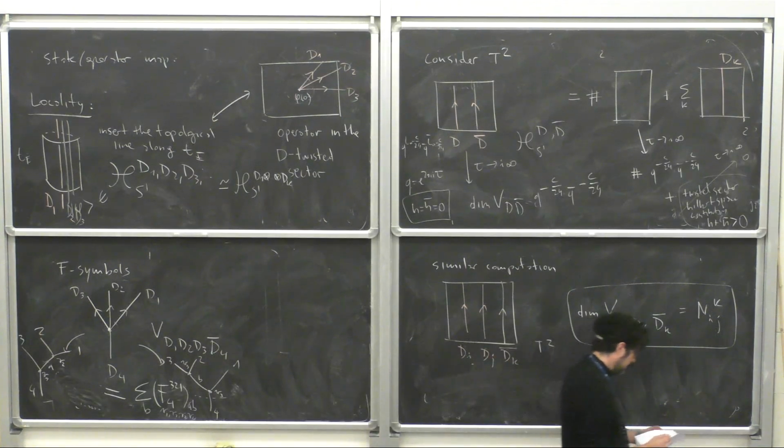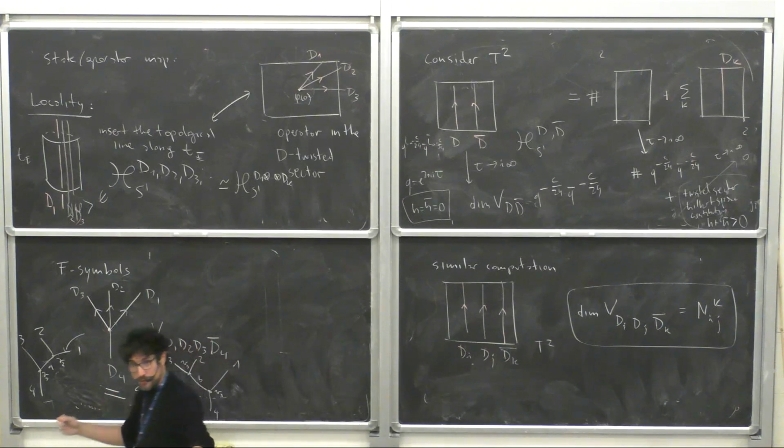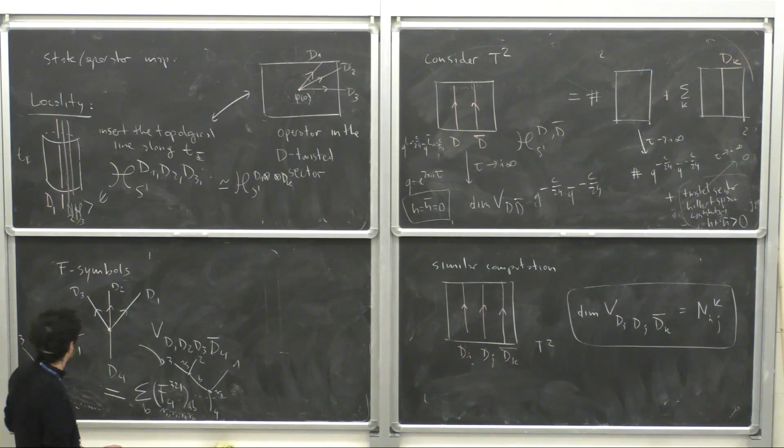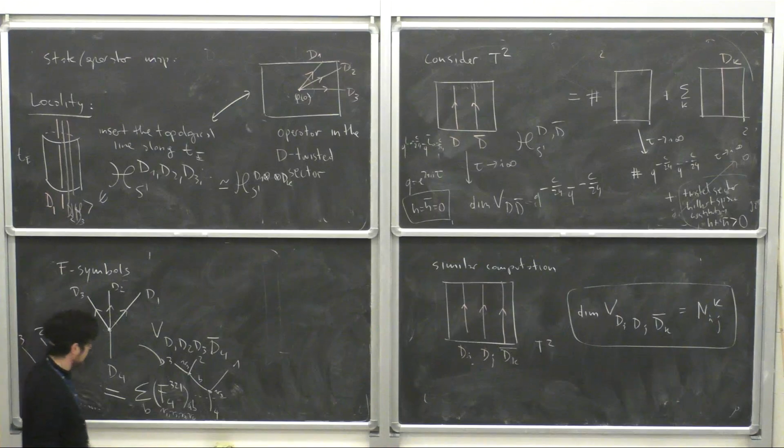The F symbol, you remember when we spoke about the associator morphism in the first part of today's lecture, that one in this context is encoded in this change of basis.